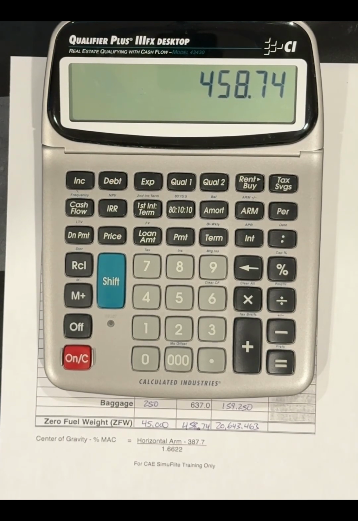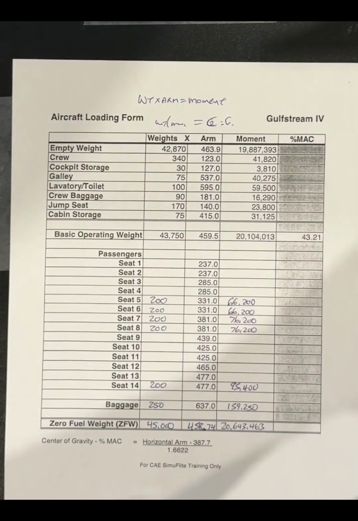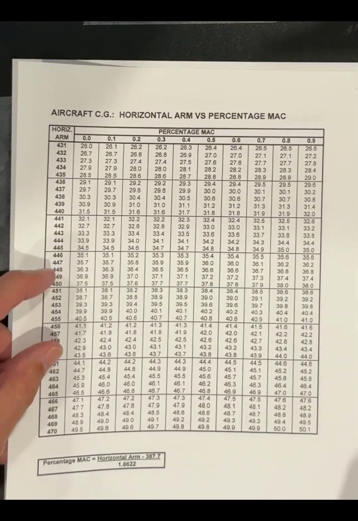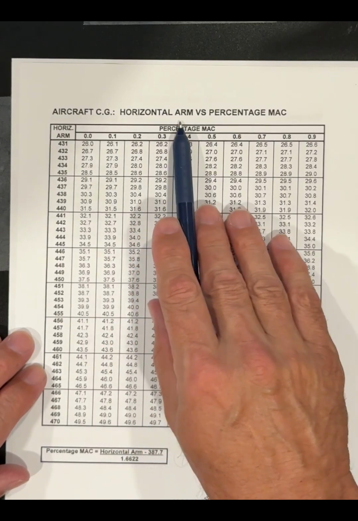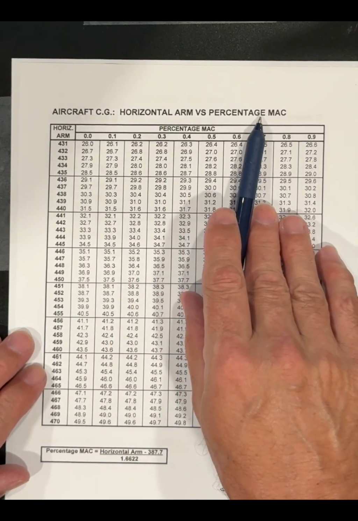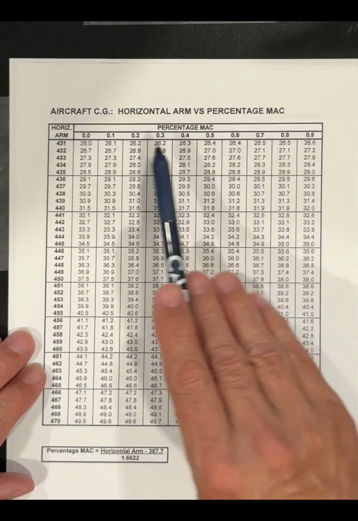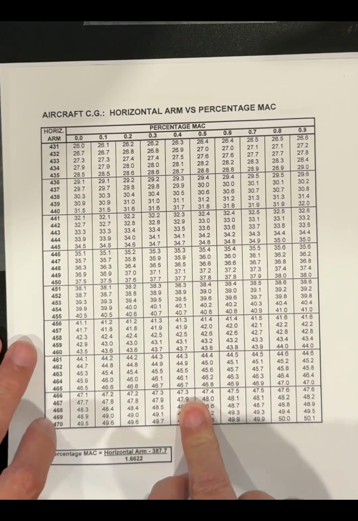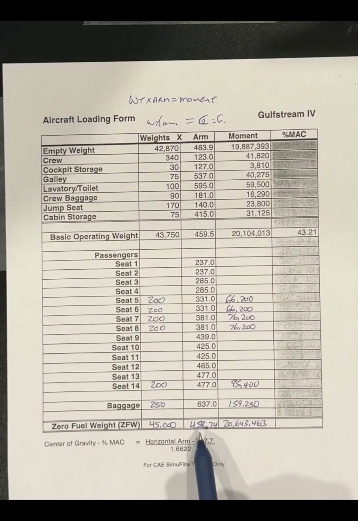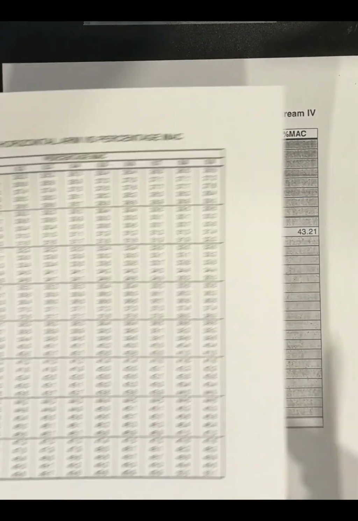No. So I'm going to introduce you to another form. And this form will be given to you in your packet. And it's the aircraft CG horizontal arm versus percent MAC. On this side is the whole number, and on the top is the fraction number. So what did we say it was? We said the number is 458.74. If we round it off, it's 458.7.